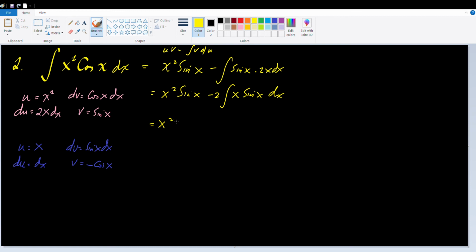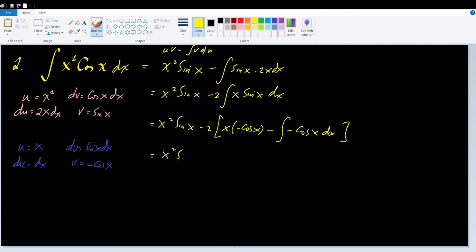So x squared sine of x minus 2 quantity. Once again, the answer for integration by parts is u times v. So u is x and v is negative cosine x minus the integral of v du, which is negative cosine of x dx.